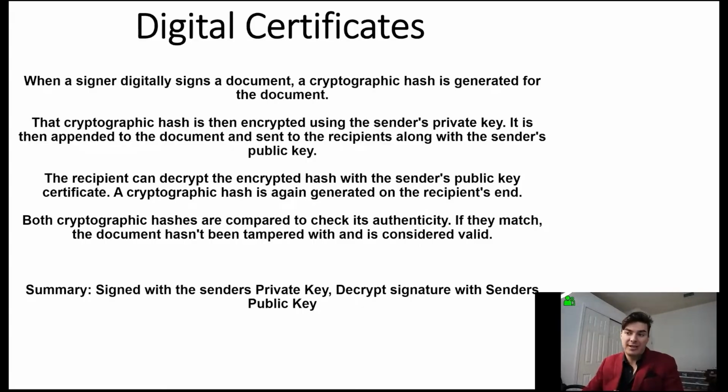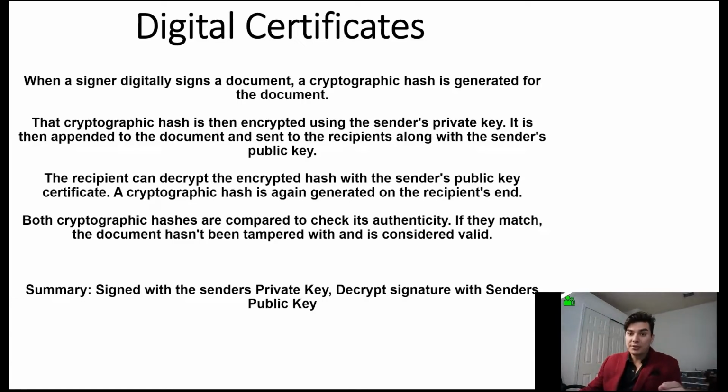Now, digital signatures. This is when a signer digitally signs a document, and that document has a cryptographic hash. It takes all the contents of the document and runs it through a hashing algorithm such as SHA-256. Now that hash is generated for the document, and it's encrypted with the signer's private key.